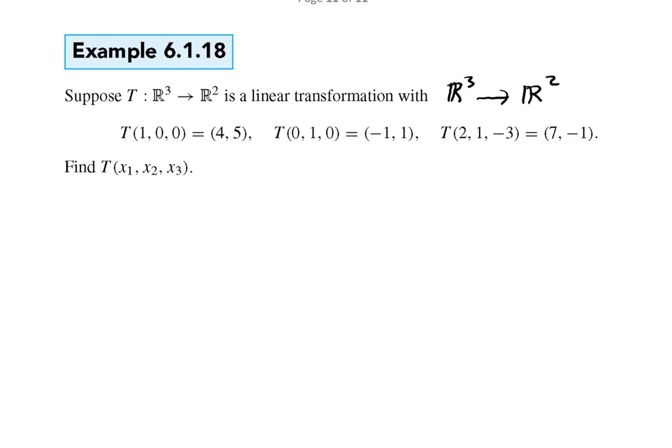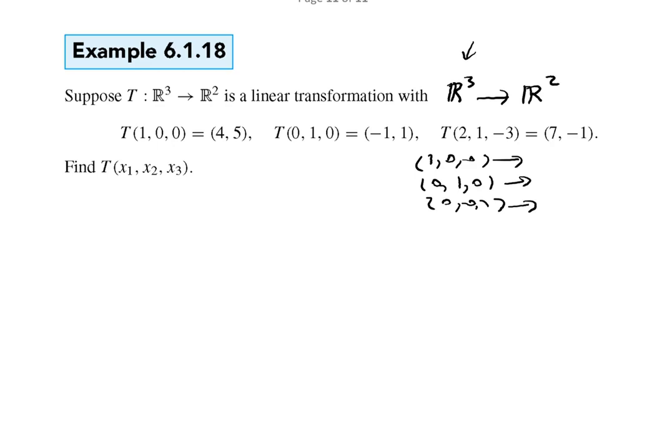But if they give you the output for 1, 0, 0, and they give you the output for 0, 1, 0, and they give you the output for 0, 0, 1, you could write pretty much anything, because that's the basis in R to the third.